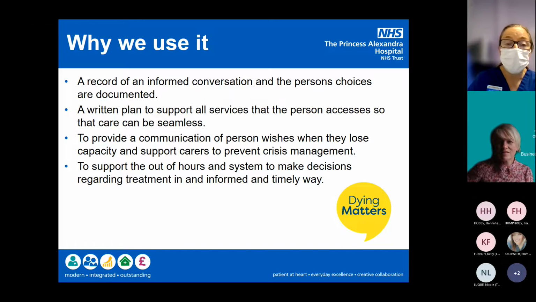Now, occasionally, they may have symptoms that can't be managed in the care homes or nursing homes or at home. So they may need the odd crisis admission, or if they have a fall and have a fracture that can't be managed in the home, then they would need to come back into hospital, but we can significantly reduce the amount of time that they come in and out by having the form in place.